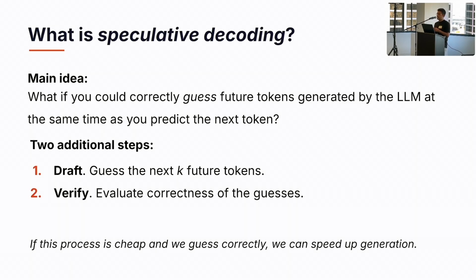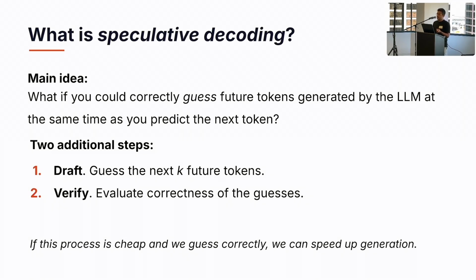There's a draft step, where we actually predict k future tokens, and then a verify step, because we still want to make sure that our guesses are actually correct, so the LLM output is correct. And very simply put, if we can make this process very cheap and we make our guesses correct, then we're going to see significant speed-ups in generation.